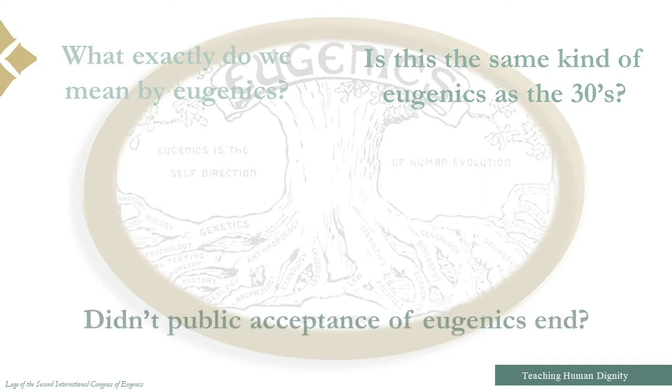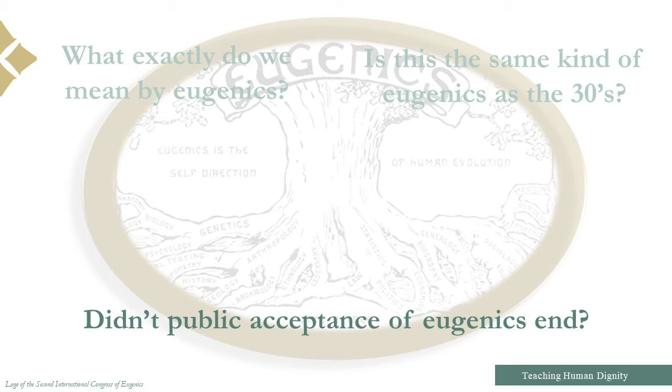So, public acceptance of eugenics came to an end in the 30s, or early 40s, with the exposure to the atrocities of World War II. And eventually we recognized all these practices, forced sterilization, institutionalization, immigration bans. Well, immigration bans is still up for grabs, but in general we recognize them as the grave injustices that they were.